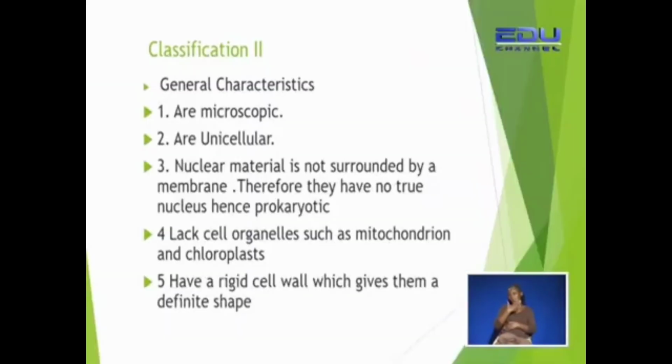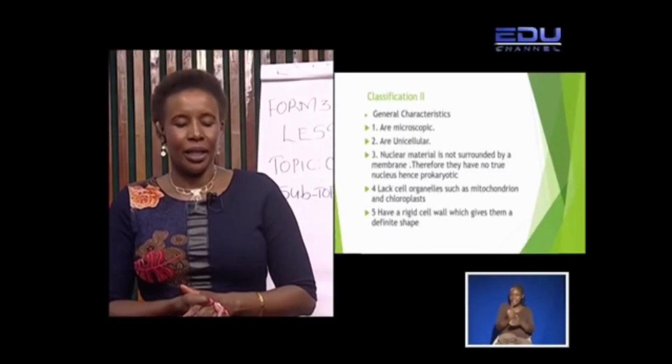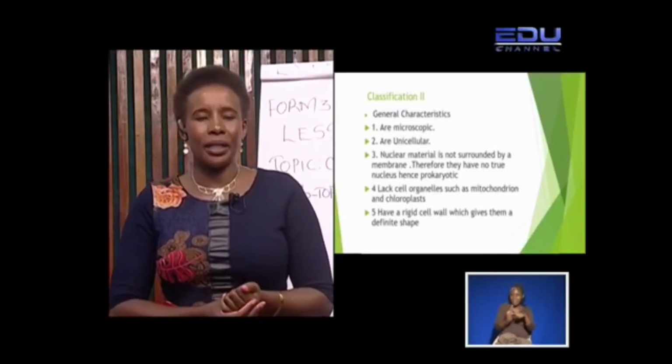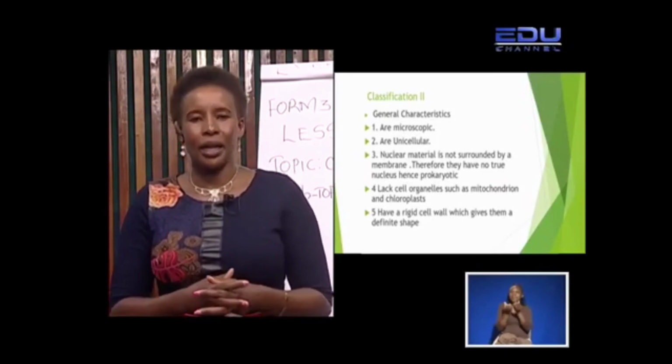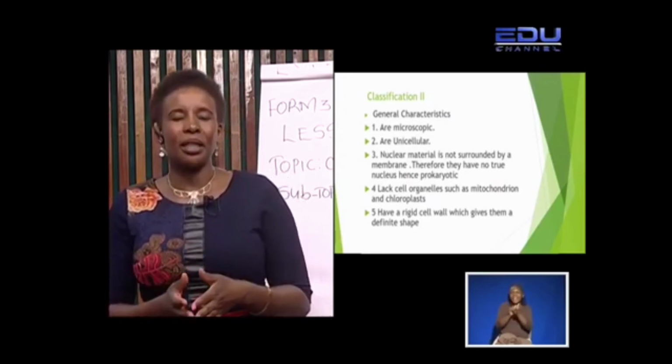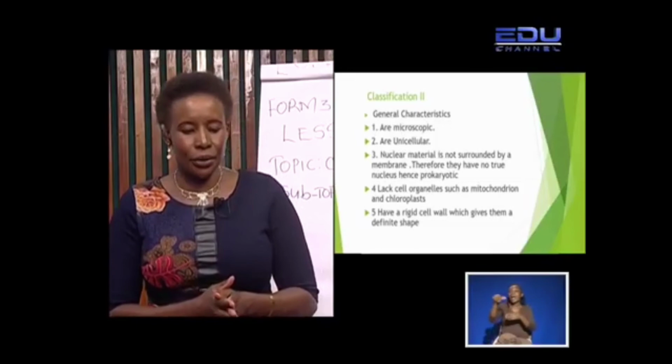Number 2, they are unicellular. Unicellular means that they are single-celled. And single-celled organisms are simple organisms which lack most of the elaborate structures that are found in multicellular organisms.